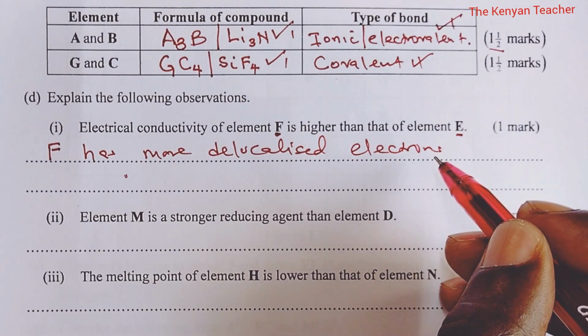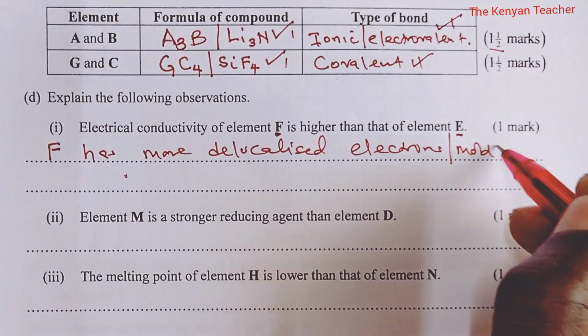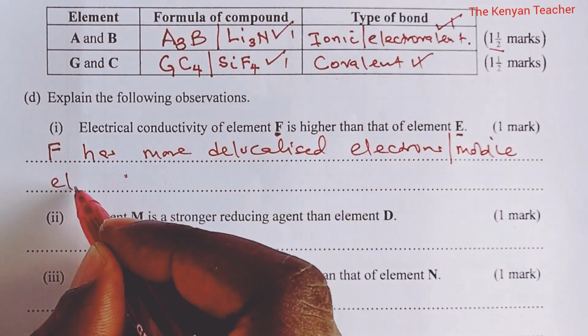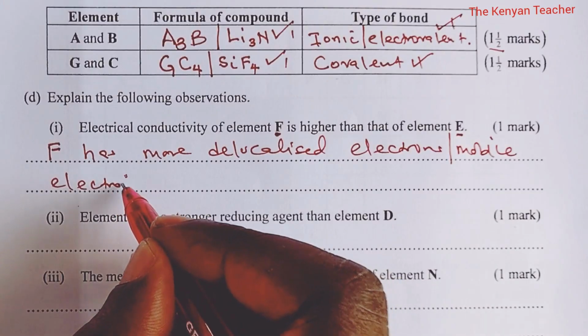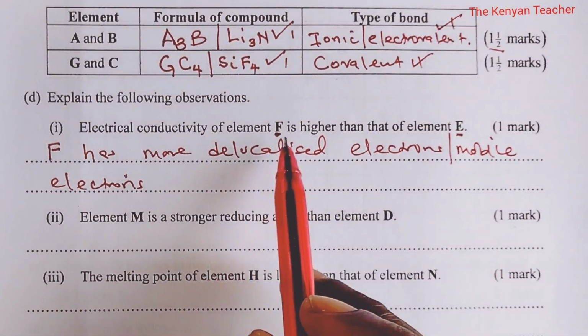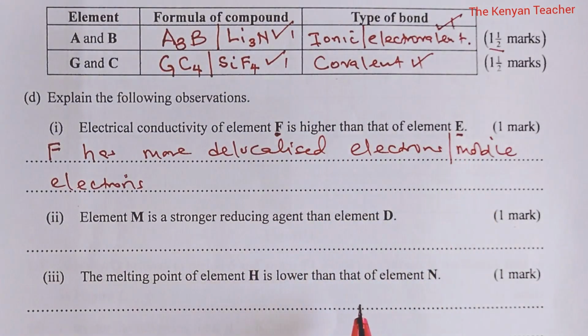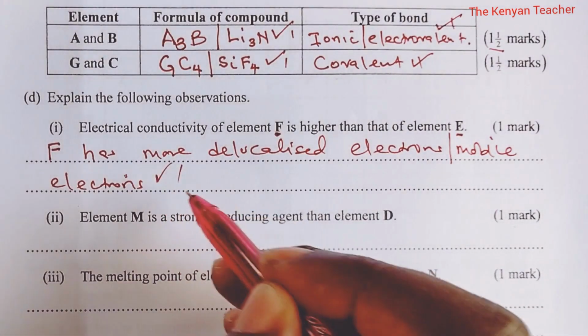Instead of talking of delocalized electrons, we can talk of mobile electrons. And a candidate also would go ahead and tell us that F has 3 delocalized electrons while E has 2. Good enough for 1 mark.